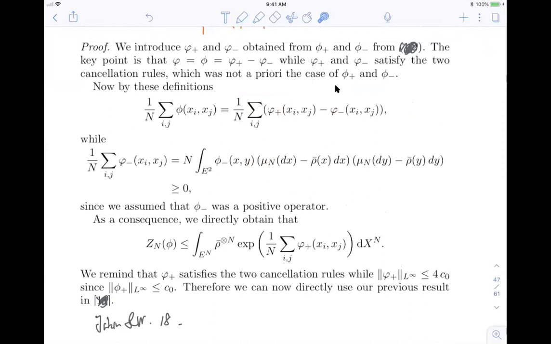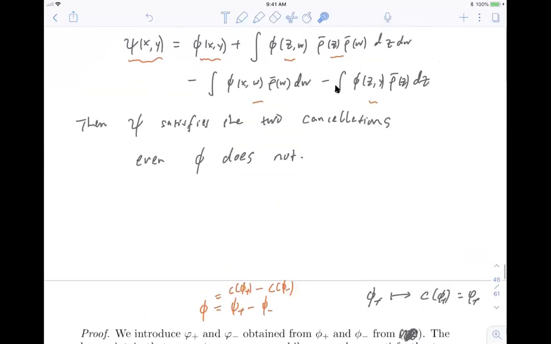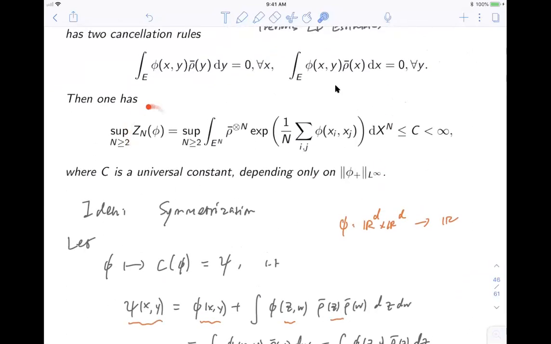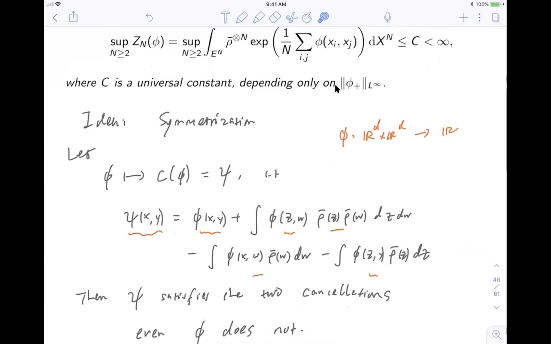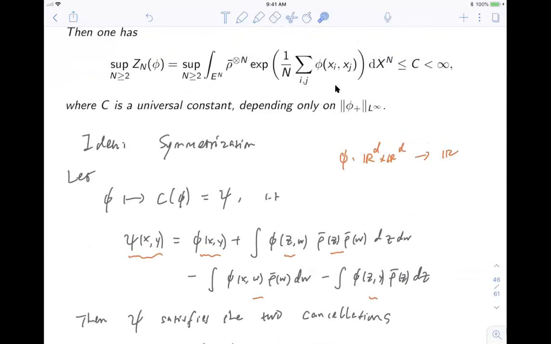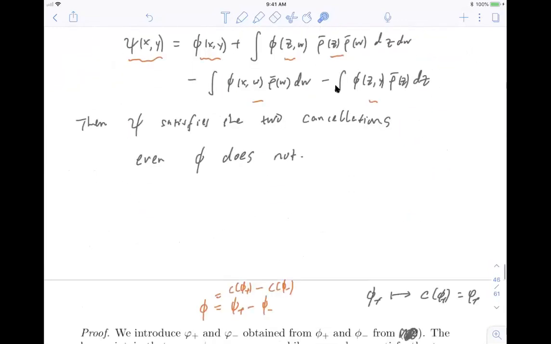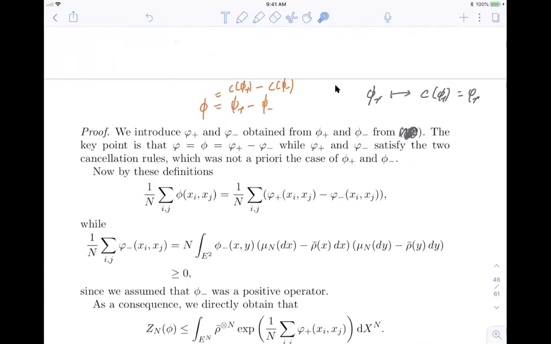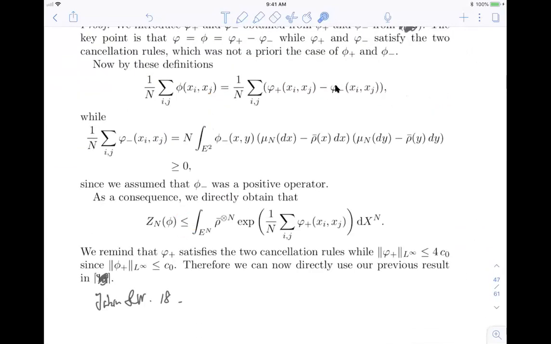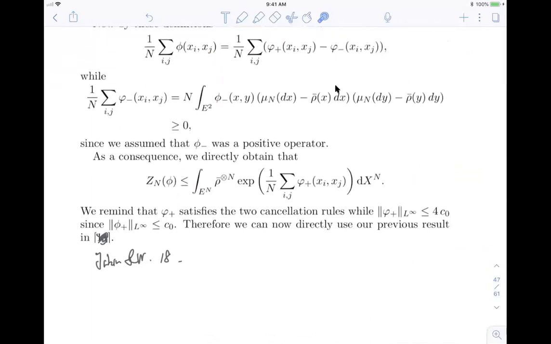So the exponential terms, the expectation of the exponential, we ignore the negative terms, so we throw away these terms. So this becomes less than. So we only need to control phi plus.